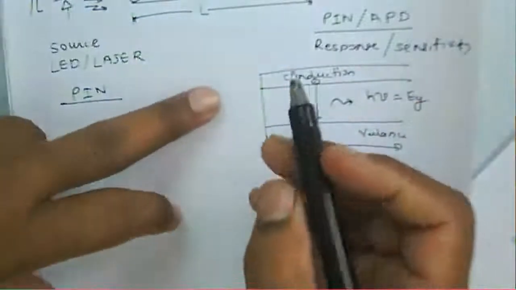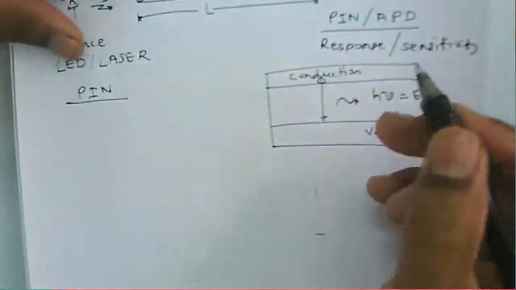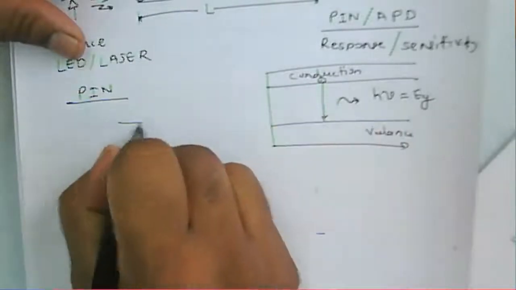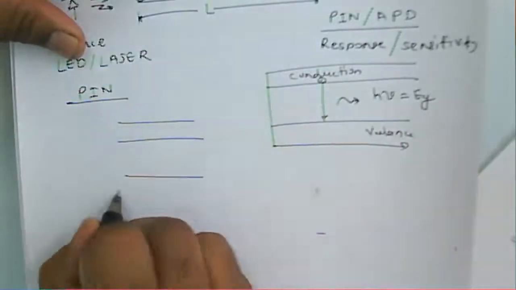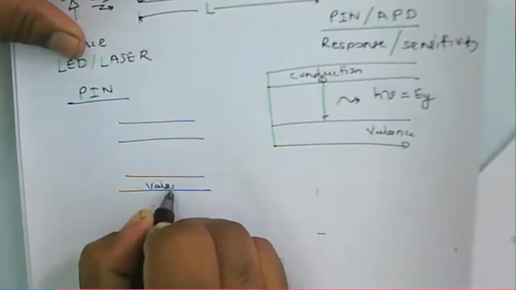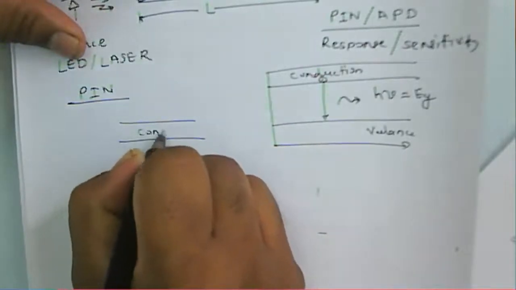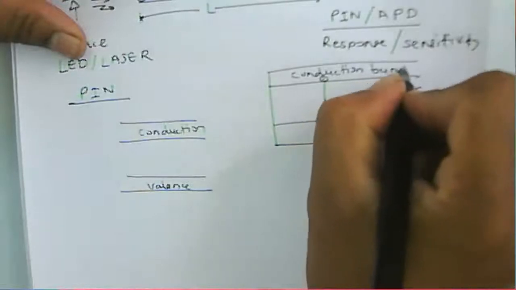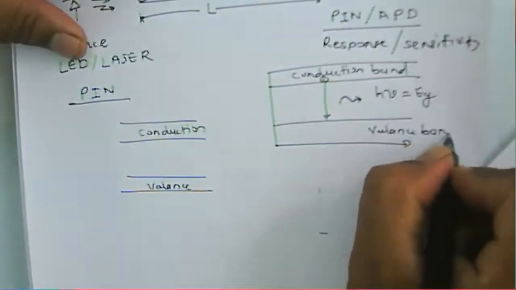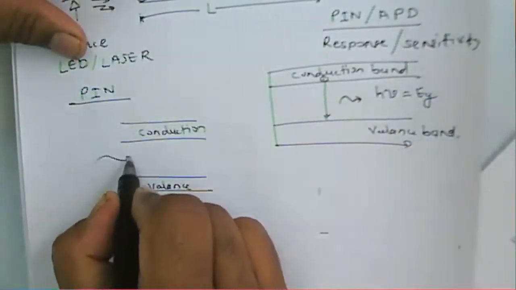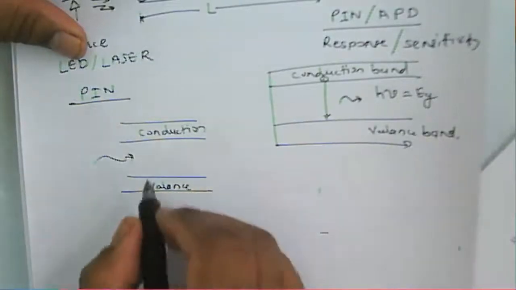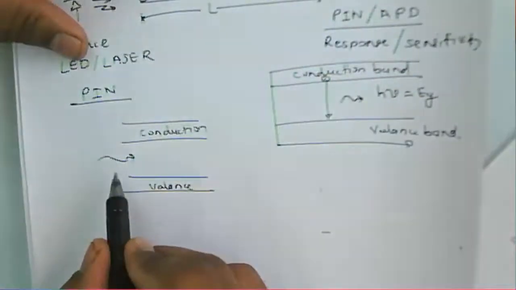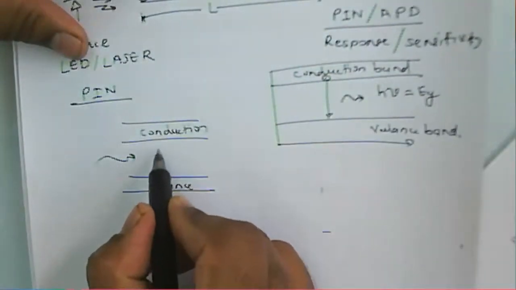Now the reverse will occur in the detector. For the given particular material, it has a valence band and a conduction band right here. So when an incident photon falls on this laser diode or detector, what will happen?